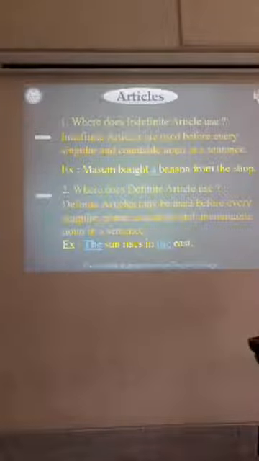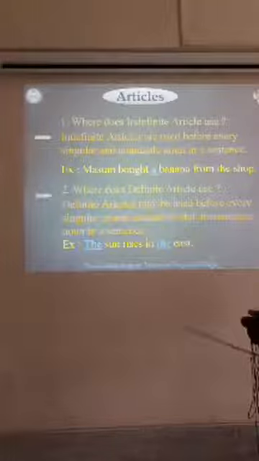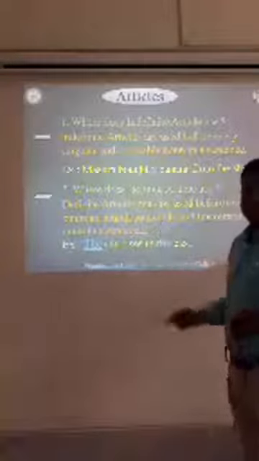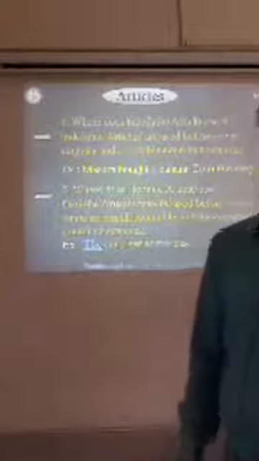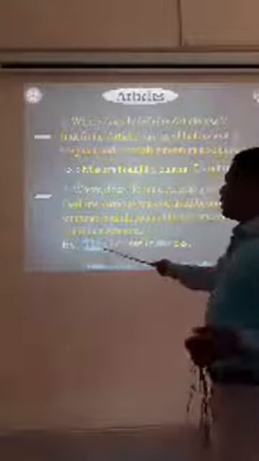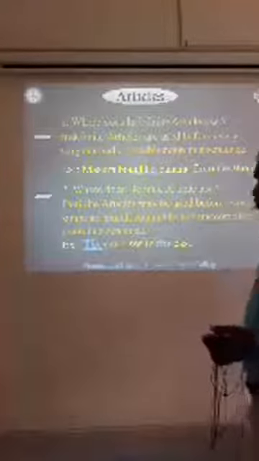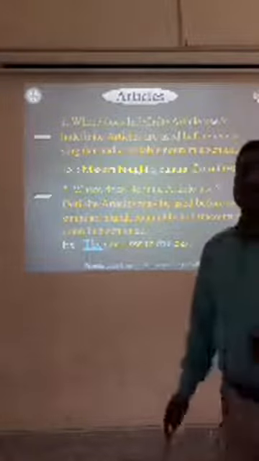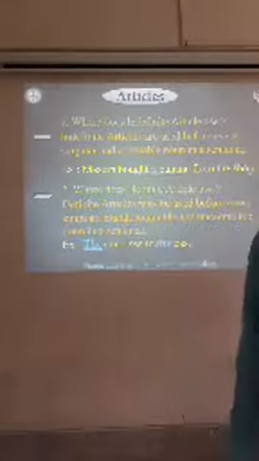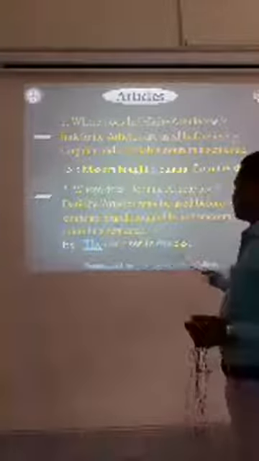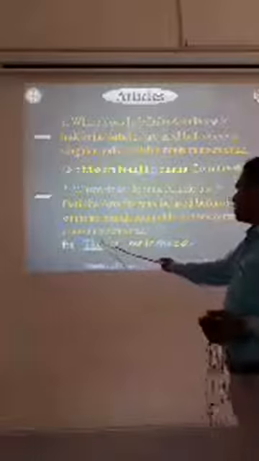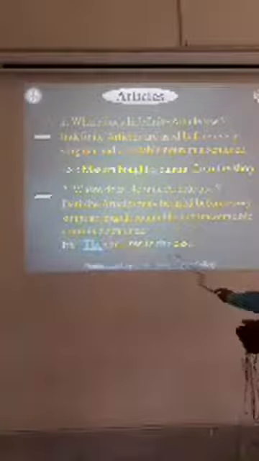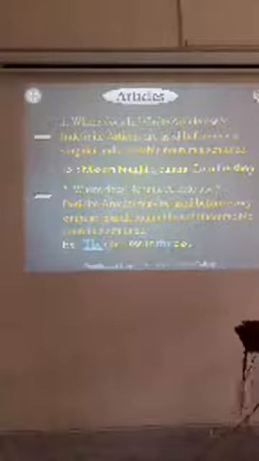When the noun is shown specifically, that is, the definite article the is used. In a specific noun, the has been used. That is, the sun rises in the east. There, before sun, the is used, before east, the is used.